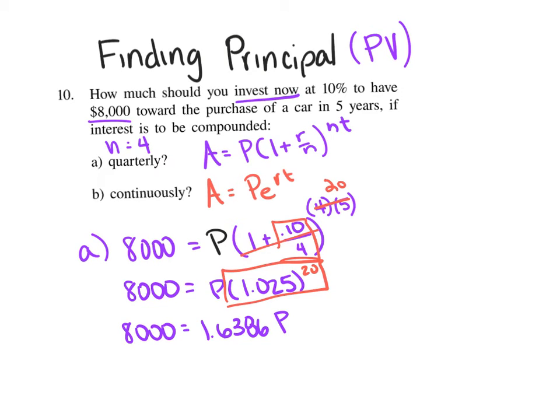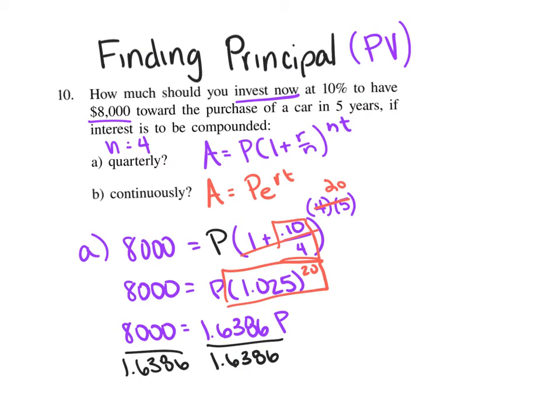If I want to solve for P, or get P by itself, I need to divide over here by 1.6386, or that number in my calculator, and the number is still in my calculator right now. I'm going to divide 8,000 by this number here. And again, remember, this is just a visual representation. We're going to leave the exact number in our calculator.